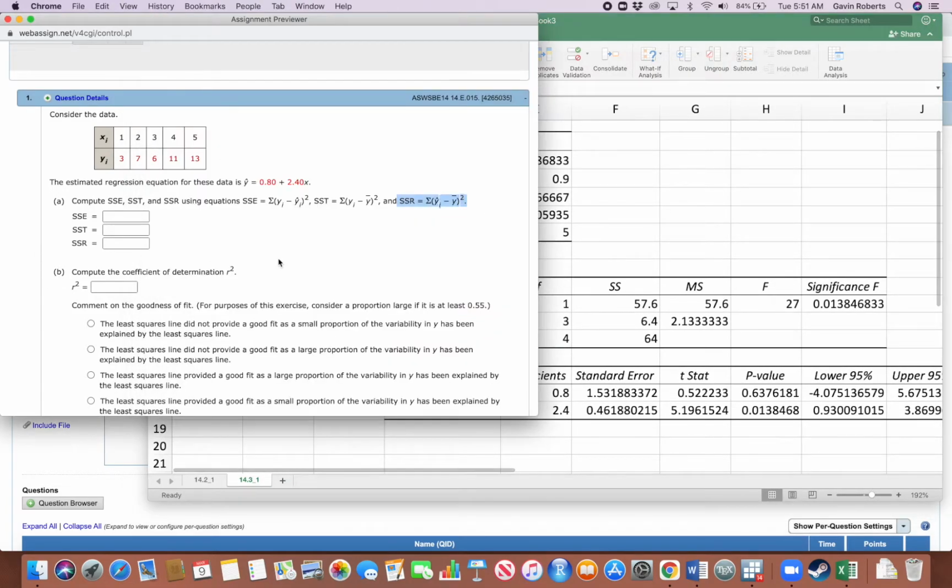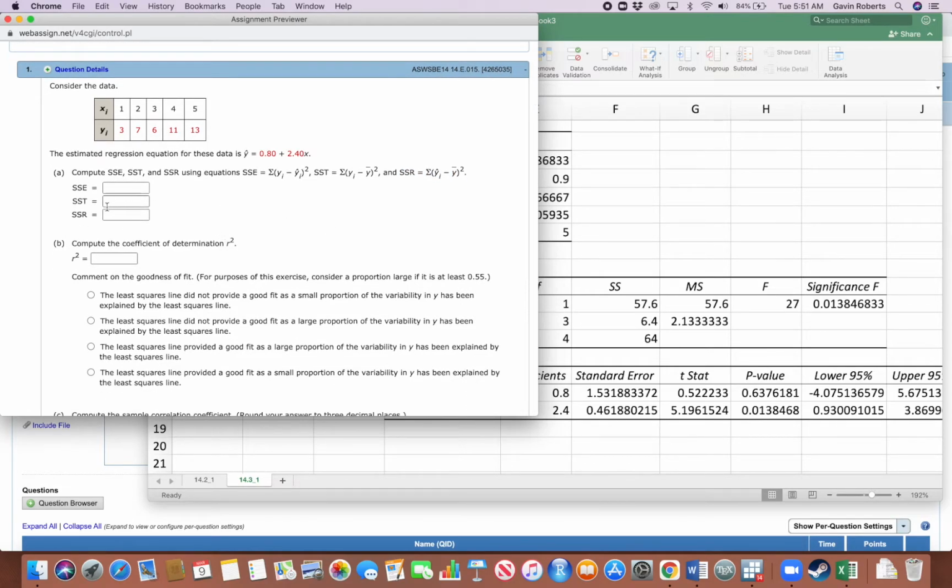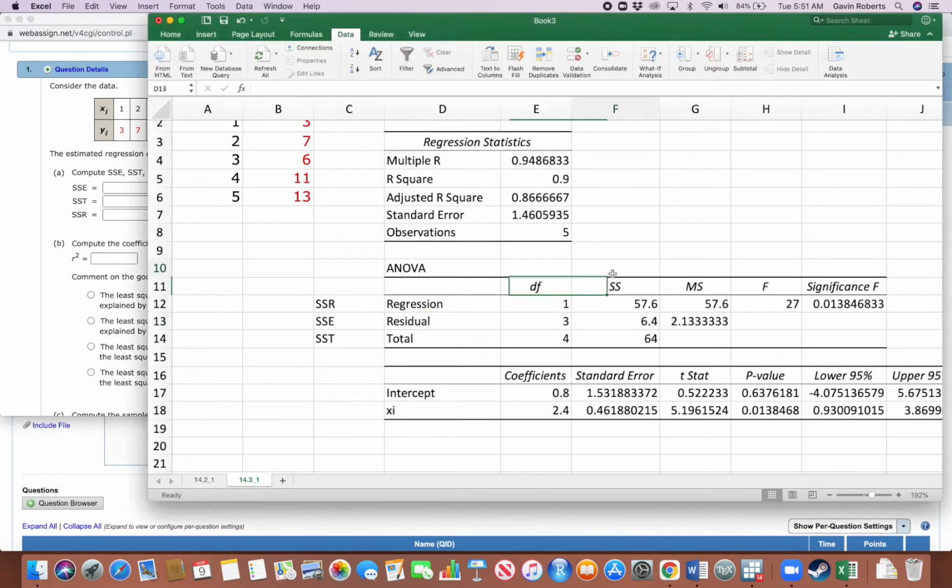Now, it also tells us that the r squared, I guess it doesn't give us the formula right here, but the r squared should be equal to the sum of squares regression divided by the sum of squares total. And notice I just did a check because Excel calculates that for us anyway. Now when we go into these questions, the hard part is going to be making sure you label these correctly.